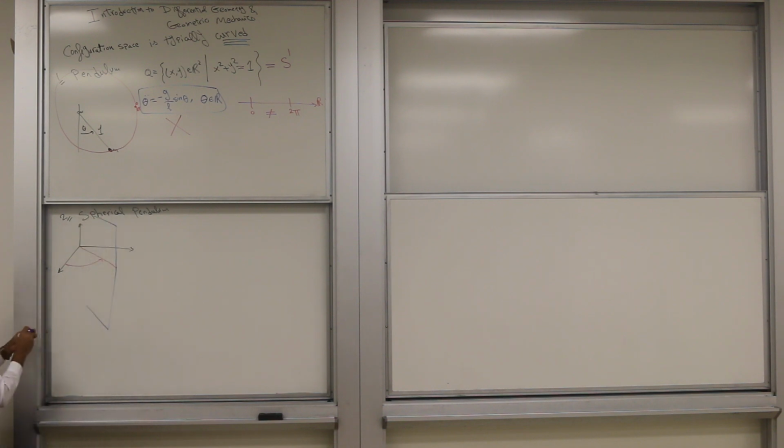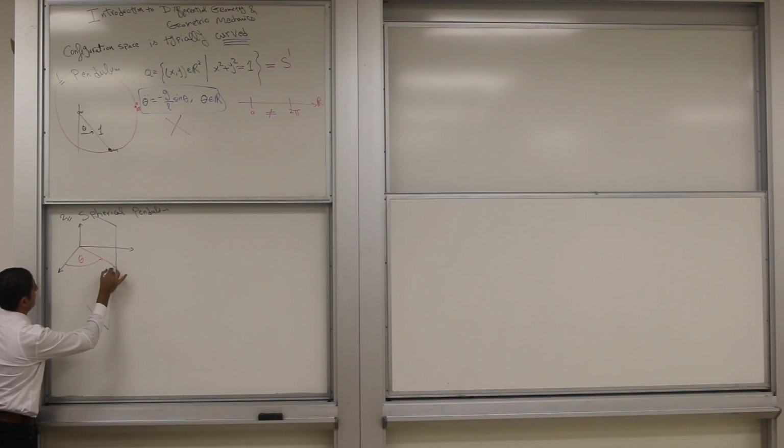So the first rotation may be called theta, according to our usual problem that we had in the midterm and homework 1. And I also gave it to the folks in the prelim. Theta, and in that vertical plane we have rotation phi. So this is our spherical pendulum. Here is the mass m.